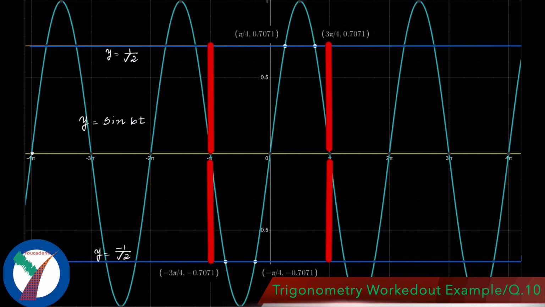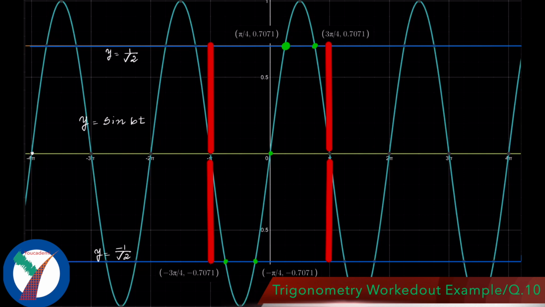The line y equals 1 divided by square root of 2 intersects the sine bt curve at pi by 4 and 3 pi by 4. And y equals 0 intersects at origin O. Then y equals minus 1 divided by square root of 2 intersects at minus pi by 4 and minus 3 pi by 4.